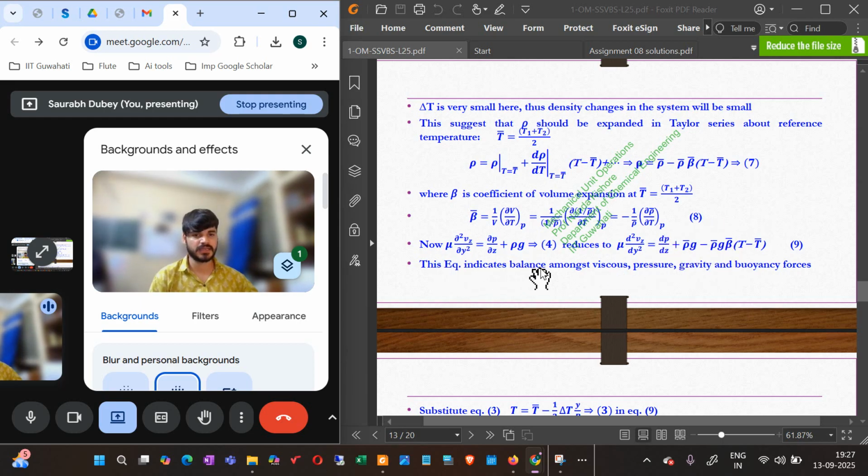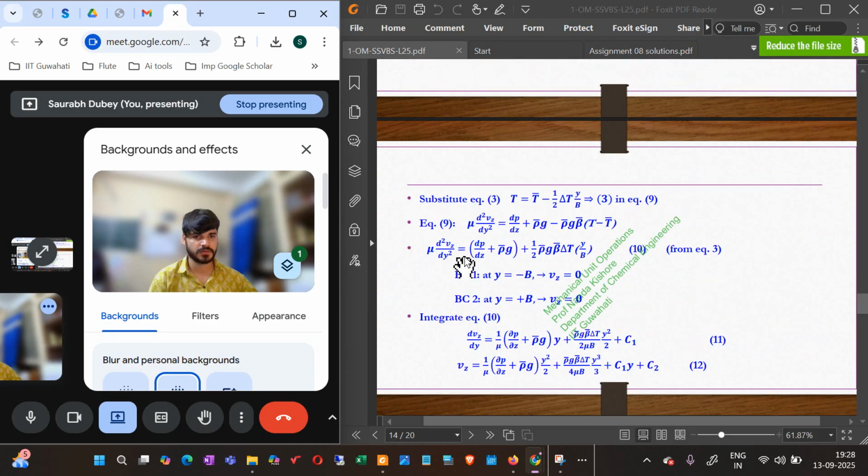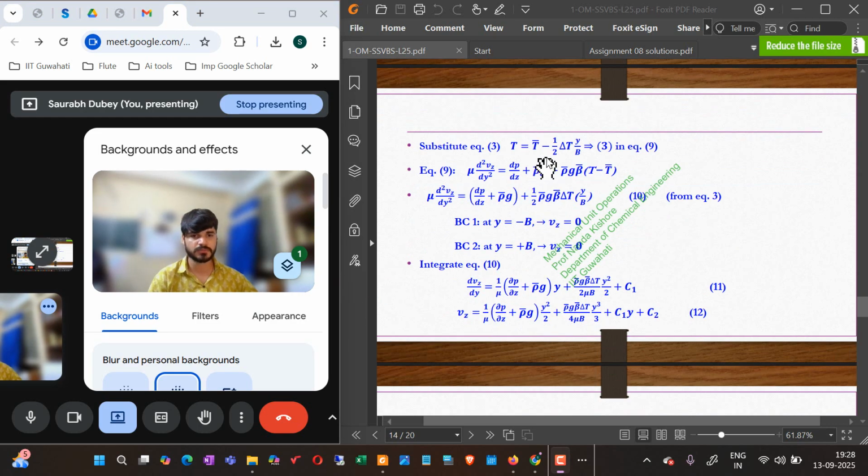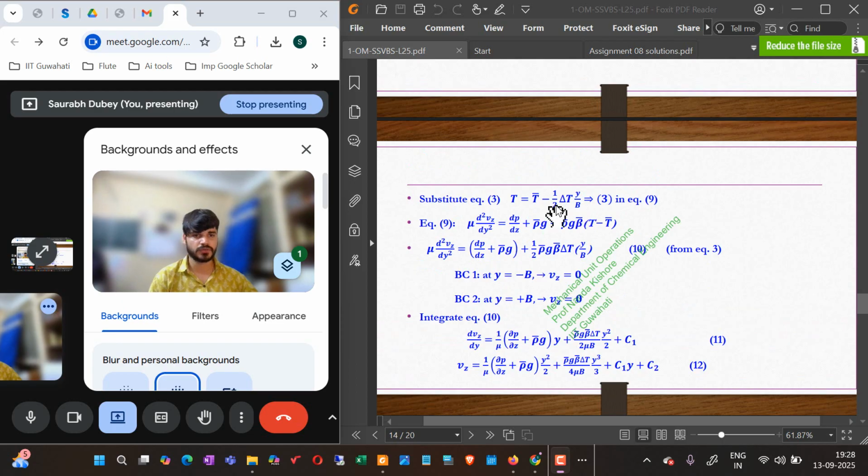Thus, the equation indicates a balance among the viscous term, which is here, pressure, gravity, and the buoyancy force. Now you can use the function of temperature T that you are having, T bar minus 1 by 2 delta T y by B. When you put it there, this y by B comes up here.